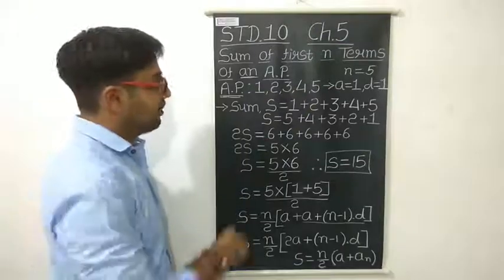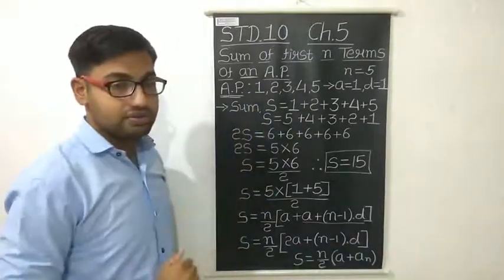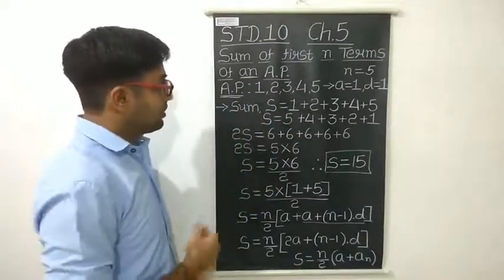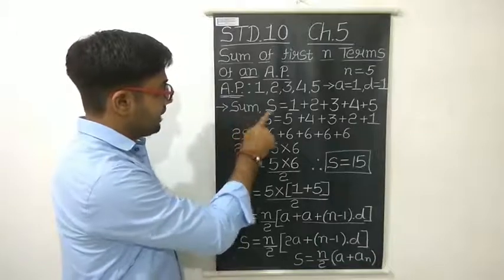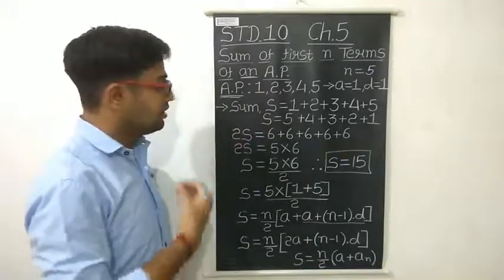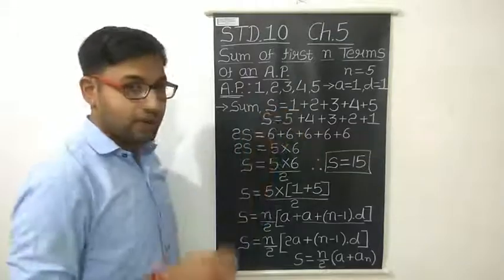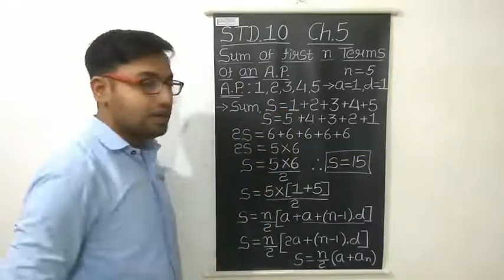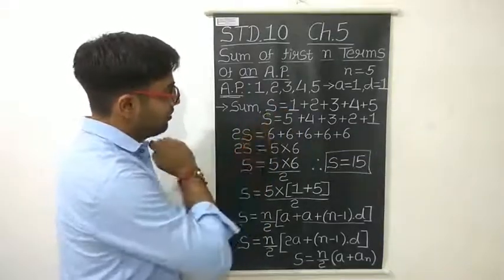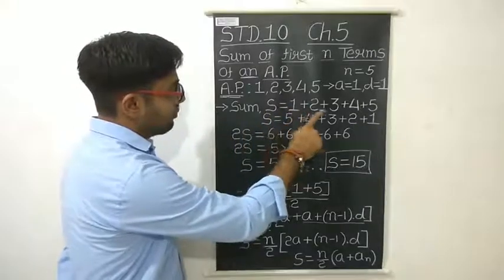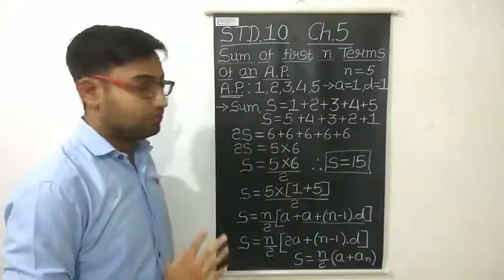Right? So here we want to add these 5 terms. Suppose we denote the sum by capital S. We represent the sum of all the terms of an AP with the capital letter S. So S we get as 1 plus 2 plus 3 plus 4 plus 5.